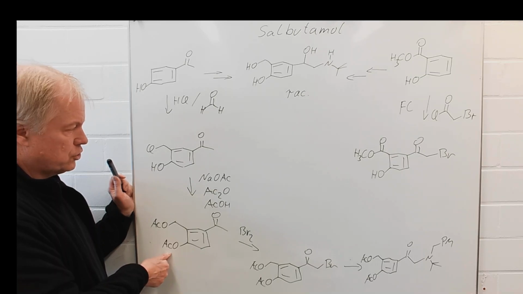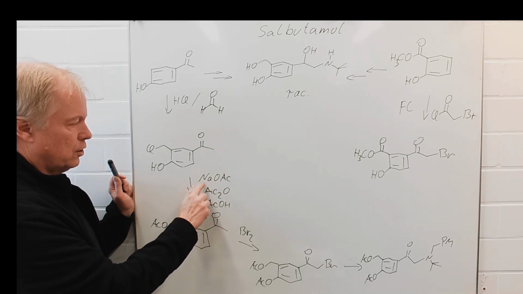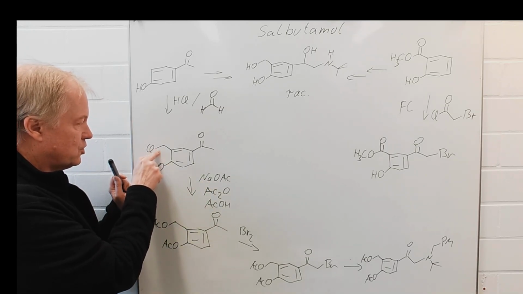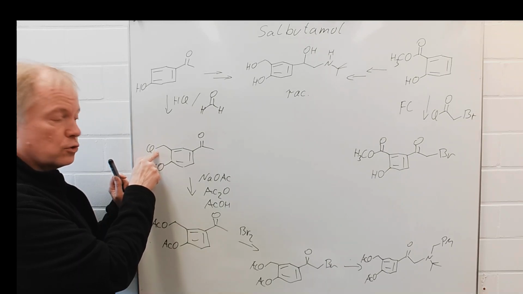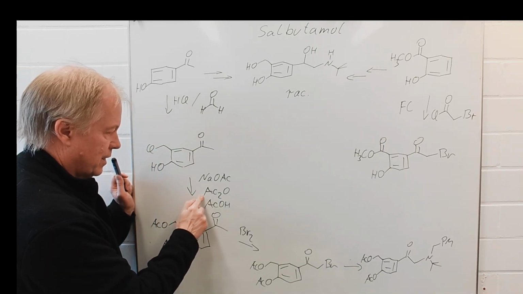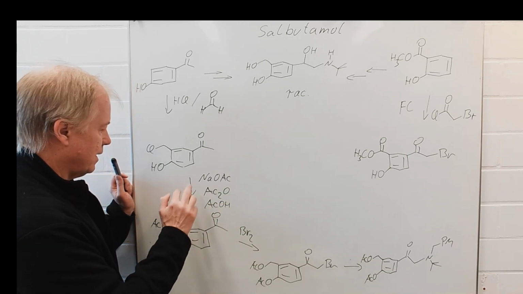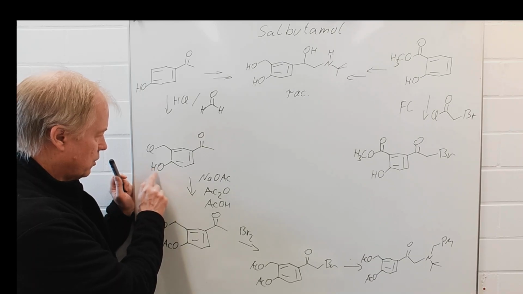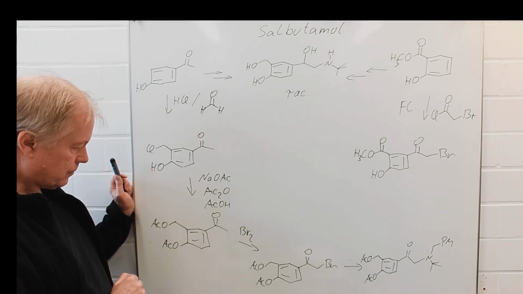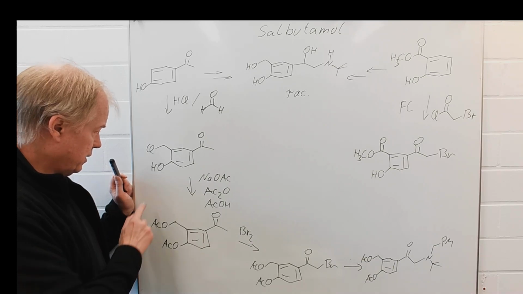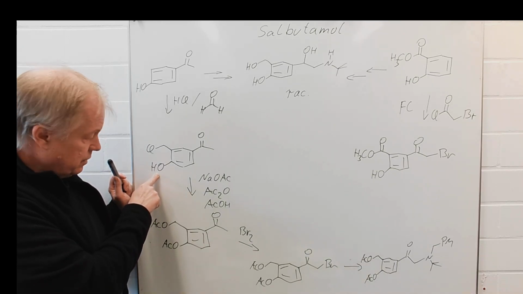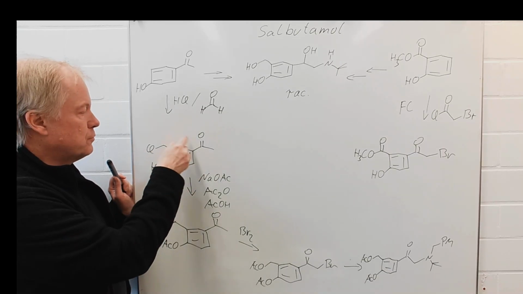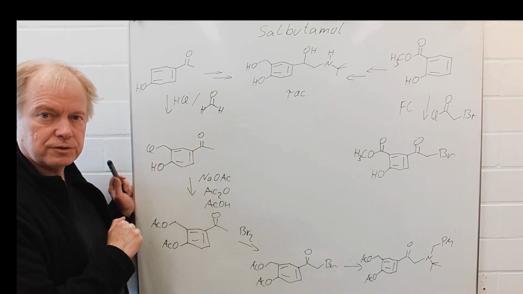And this is simply achieved by the combination of sodium acetate as nucleophile substituting that chloride, and acetic anhydride in acetic acid, resulting in the acylation of that phenol. And it is necessary that this phenol is also acetylated to diminish the reactivity of this aromatic system.